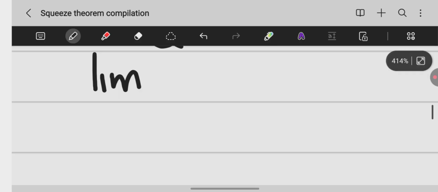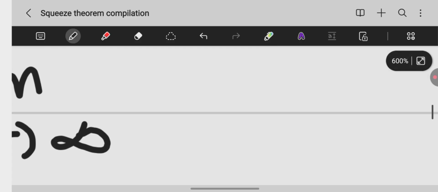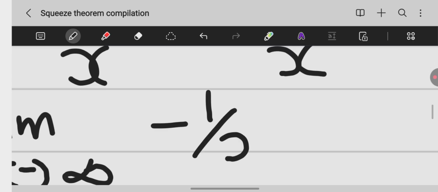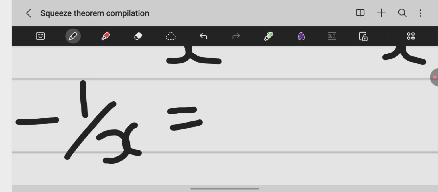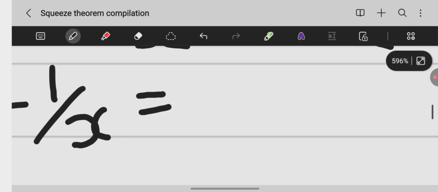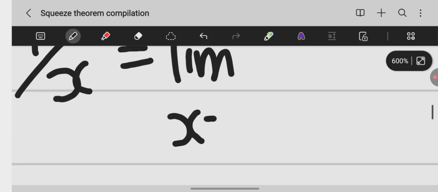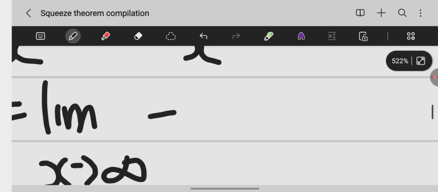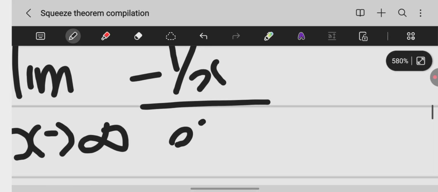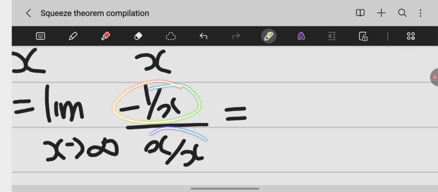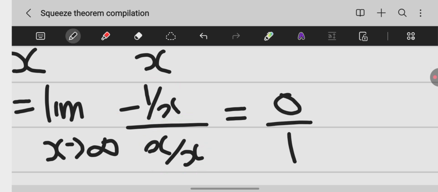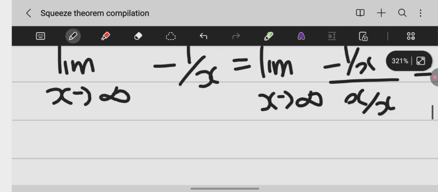So the limit as x approaches infinity of negative 1 over x. Because we're dealing with infinity, you would divide everything by the highest degree in the denominator. In this case, you would have the limit as x approaches infinity of negative 1 over x over x over x. The numerator would give you 0, the denominator would give you 1, so you would have 0 over 1, and that's really just 0.